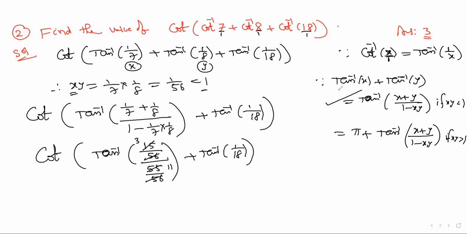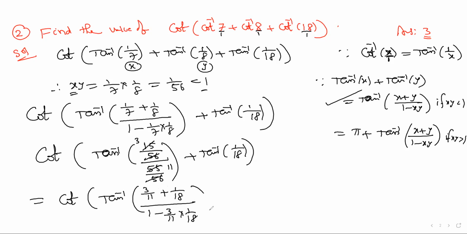Again, we should apply the tan inverse x plus tan inverse y formula. We have cot of tan inverse of x plus y, 3 by 11 plus 1 by 18 by 1 minus 3 by 11 into 1 by 18. What we get here? Cot of tan inverse.